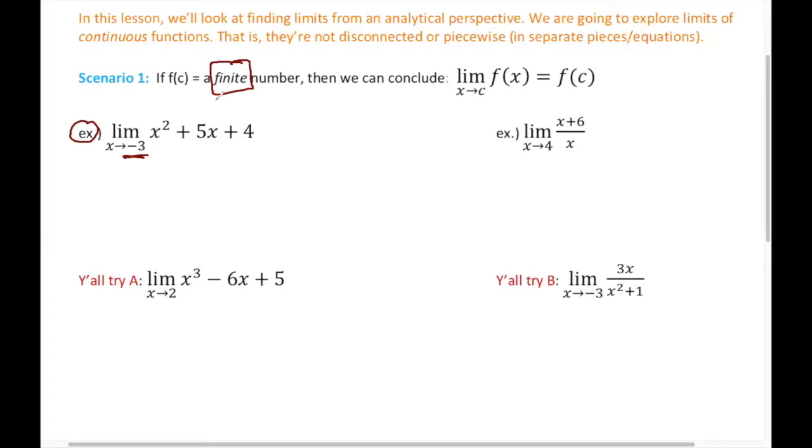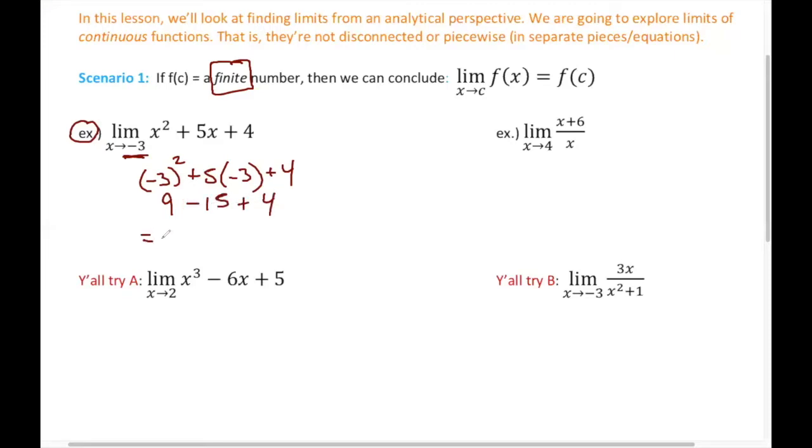Okay, so let's take a look. Let's replace x here with -3. So we'll have -3 squared plus 5 times -3 plus 4. Now we'll crunch this out. -3 squared is 9. 5 times -3 is -15, plus 4.